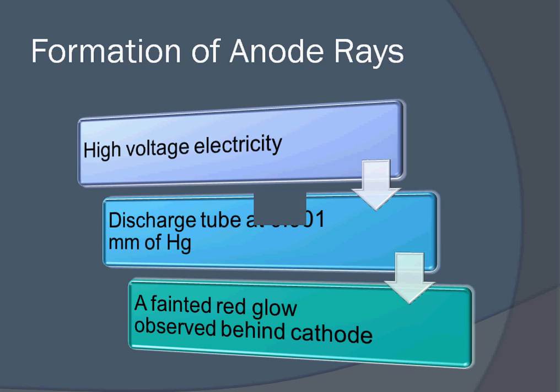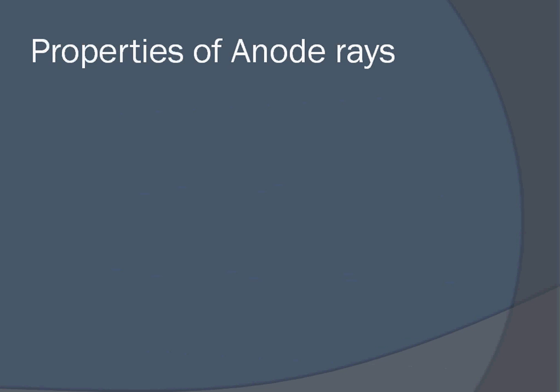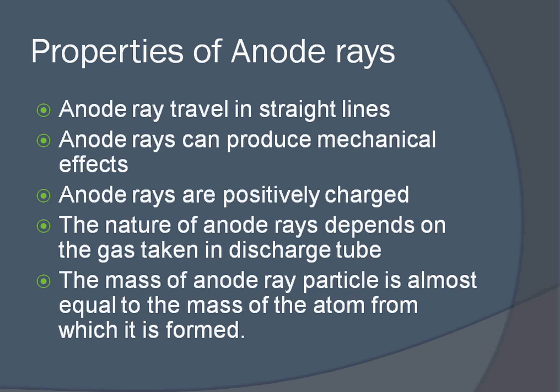Now let's come to the properties of anode rays, which are similar to the cathode rays. First, anode rays travel in a straight line, as we proved in the last session about cathode rays. Anode rays can produce a mechanical effect, the same as cathode rays.